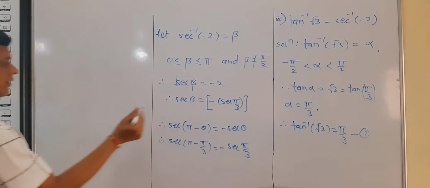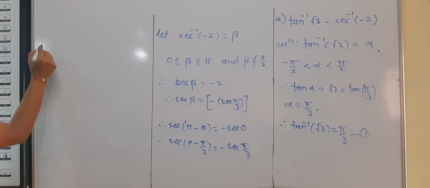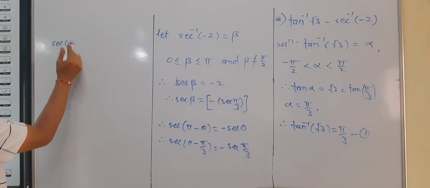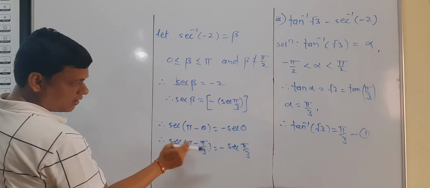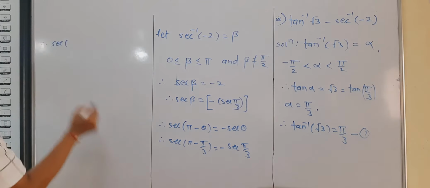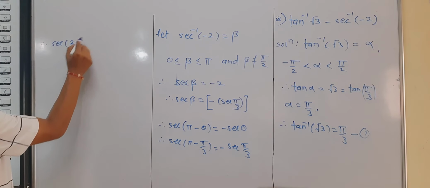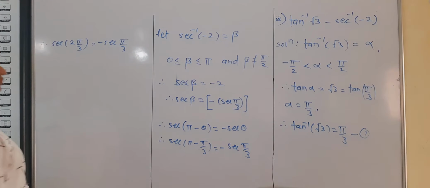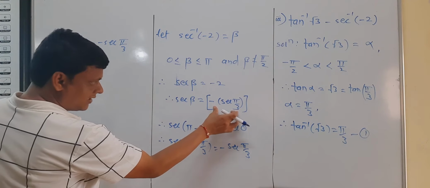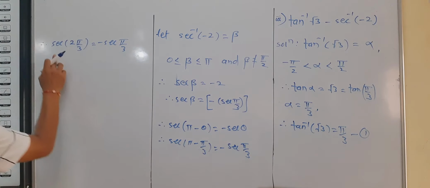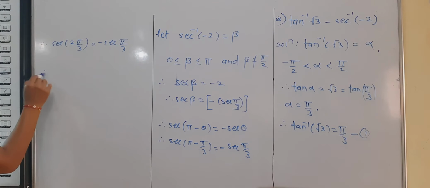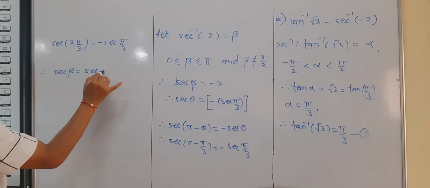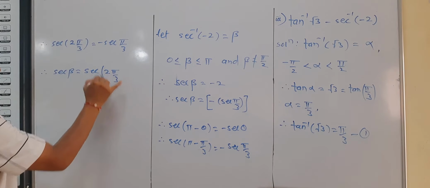If we calculate pi minus pi by 3, that is 2 pi by 3. So sec of 2 pi by 3 equals minus sec pi by 3. Therefore sec beta is equal to sec of 2 pi by 3.